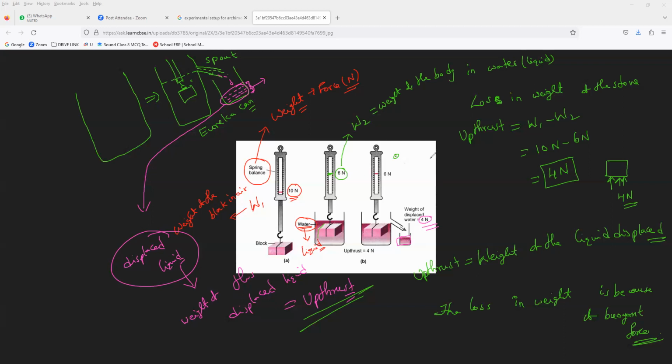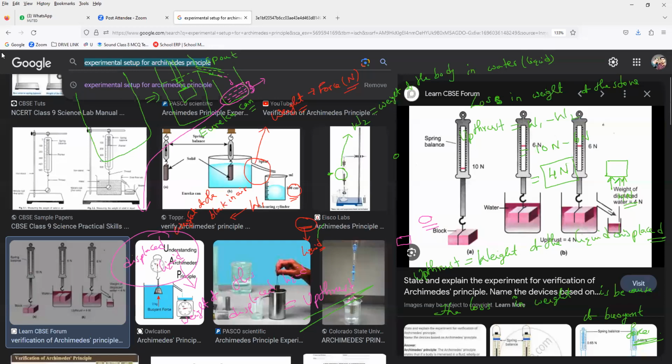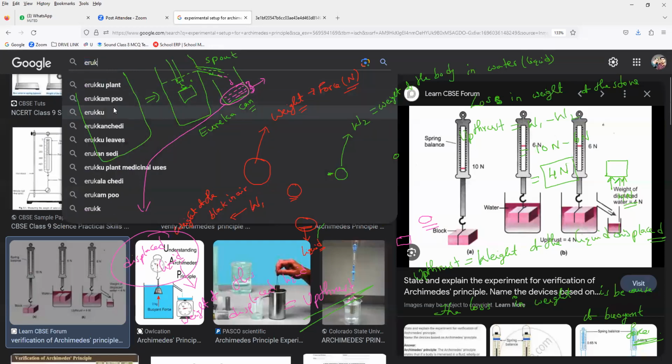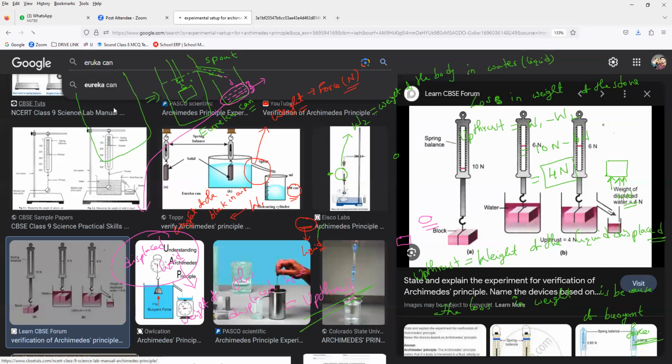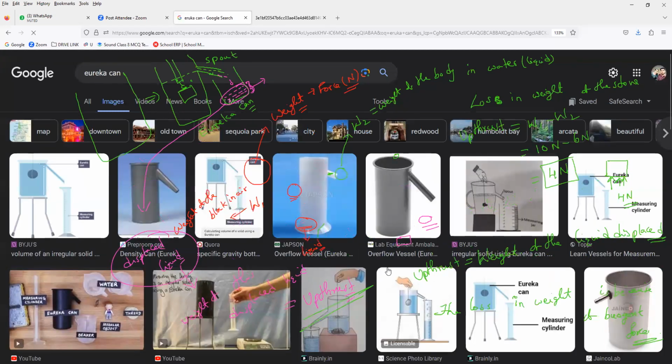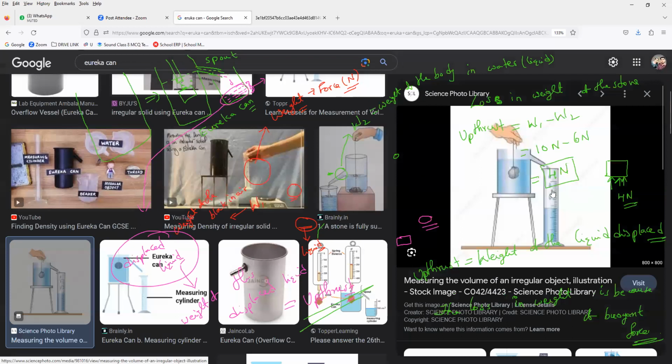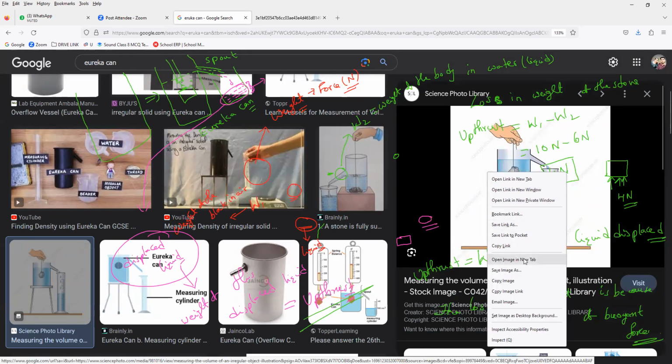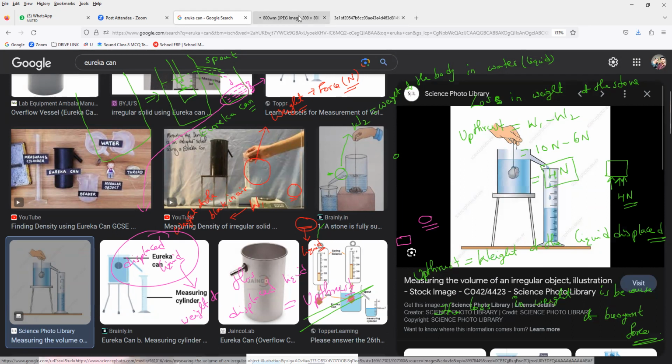I think it's the easiest experiment. Now we are going to study applications of Archimedes principle. What is the name of this can, everybody? Eureka can. You can search for it on Google. We use the Eureka can to collect the displaced amount of water.